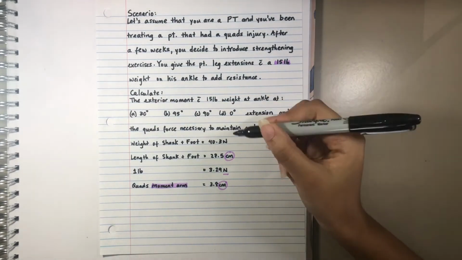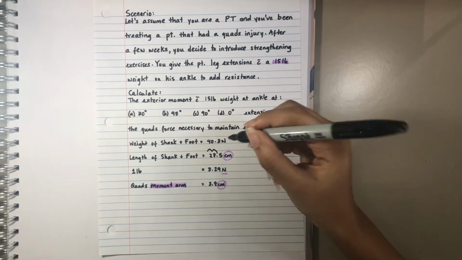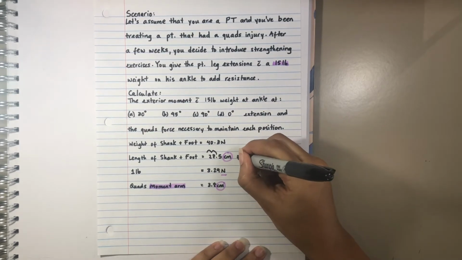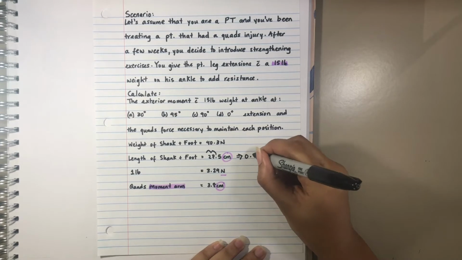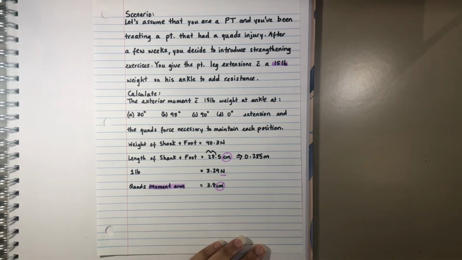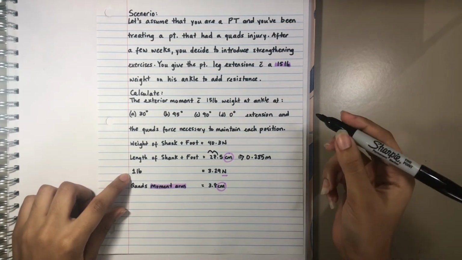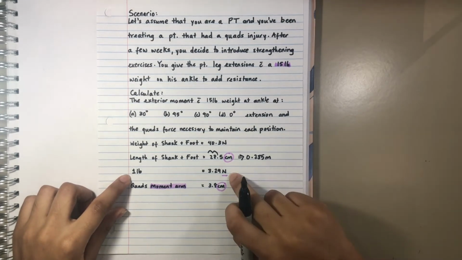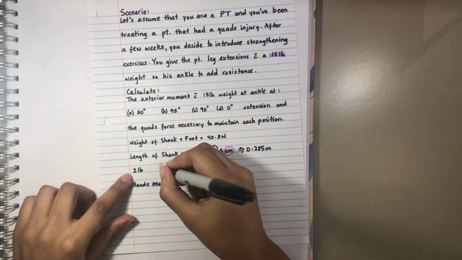Okay, so the length of the shank and foot in meters would be 0.285 meters. For this, you would see that 1 pound is equal to 3.29, but they gave us 15 pounds, so we need to calculate that.